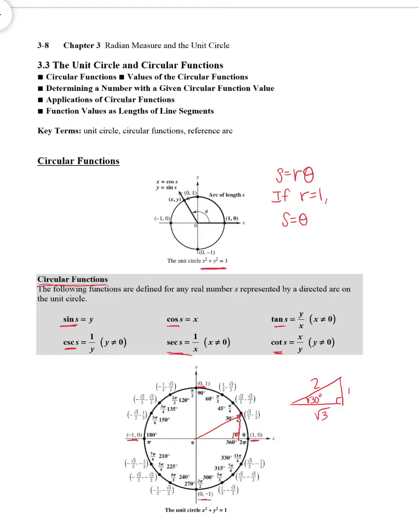Well, if we compare what we have here with this point, do you see how this point is root 3 over 2, 1/2? And then for the triangle that I drew inside the circle, the radius is always 1 because it's a unit circle. Now if we compare the two triangles, do you see how they are similar to each other?